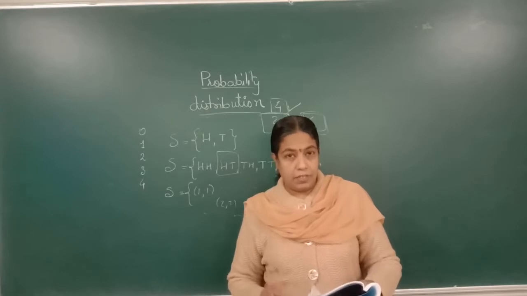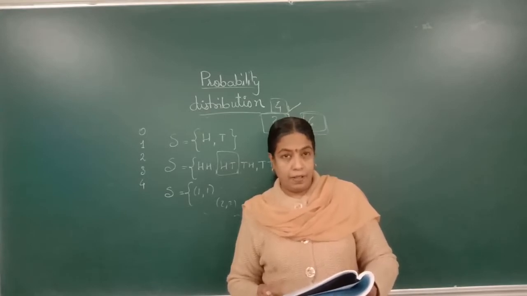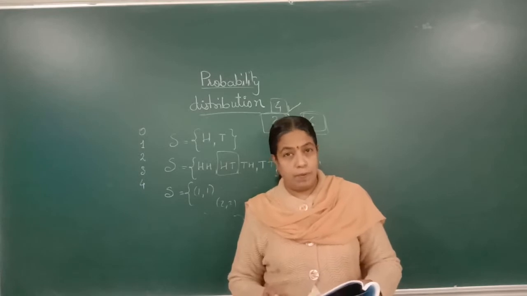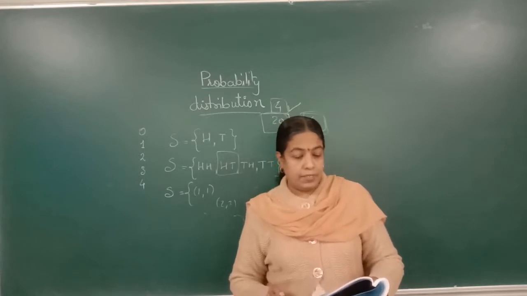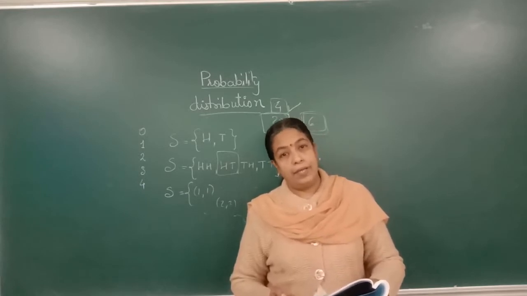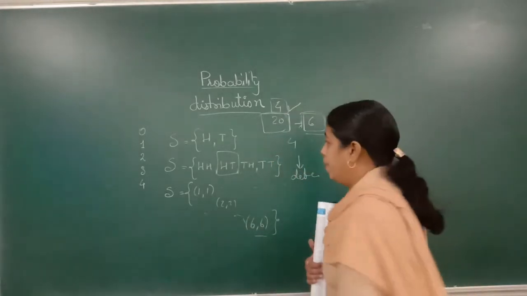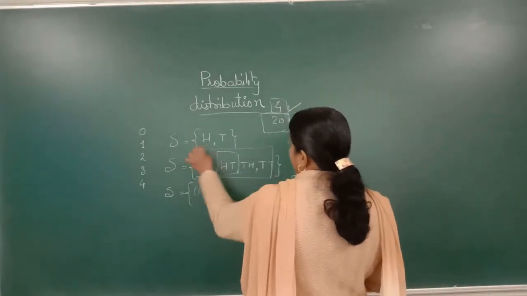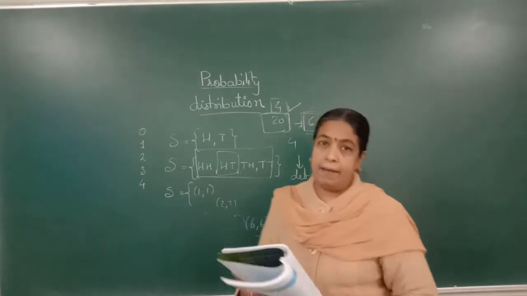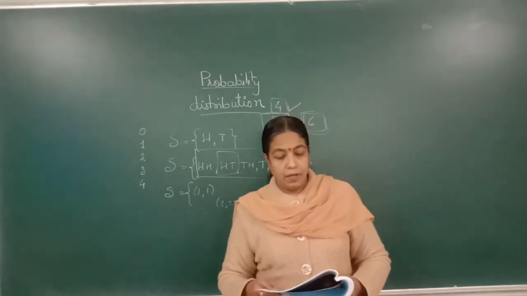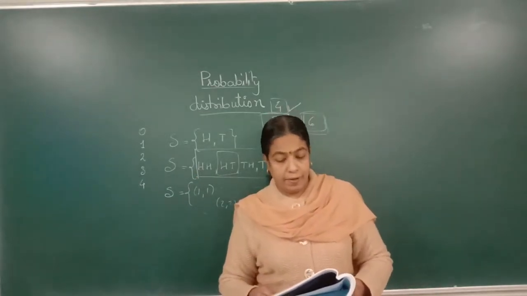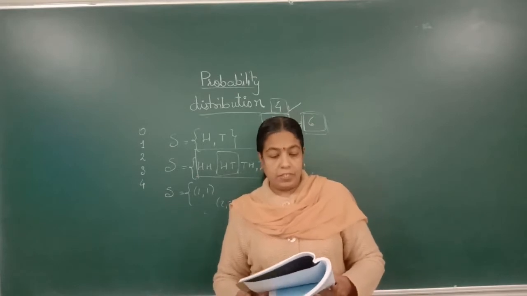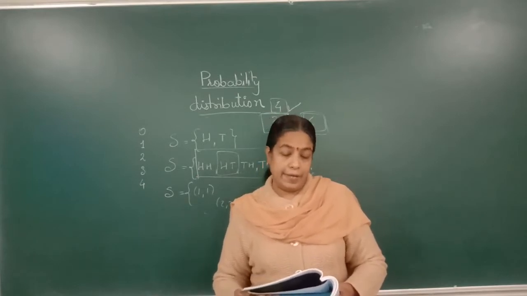In other words, the domain of a random variable, domain and range you must have studied last year. So what is the domain? It is the sample space of a random experiment. Domain is the sample space. In other words, the domain of a random variable is the sample space while its codomain is the real line.